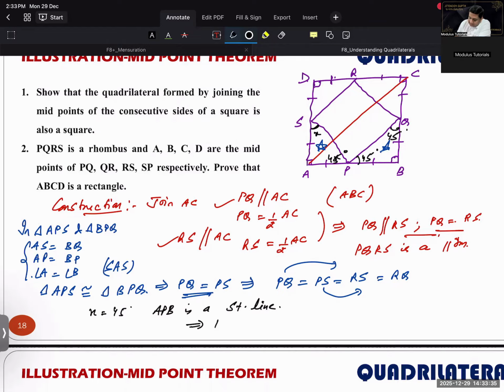So it is very evident that angle P is 90 degrees. Done, guys. So I have a parallelogram PQRS in which all sides are equal and one angle is 90. That means it has to be a square. We don't have a choice. So that's how we can establish that the quadrilateral formed by joining the midpoints of a square is also a square. Easy. Let's see the next thing.